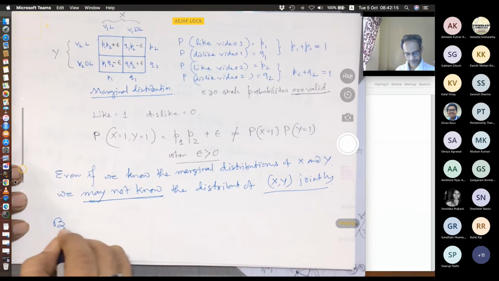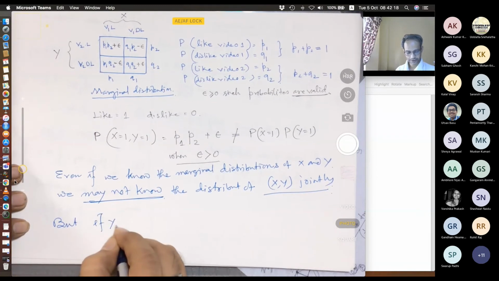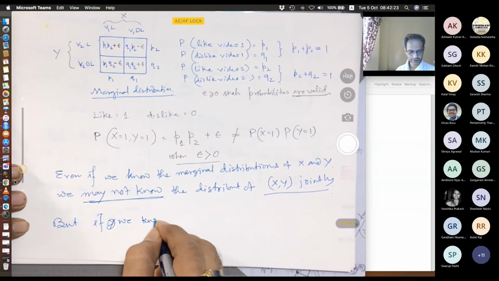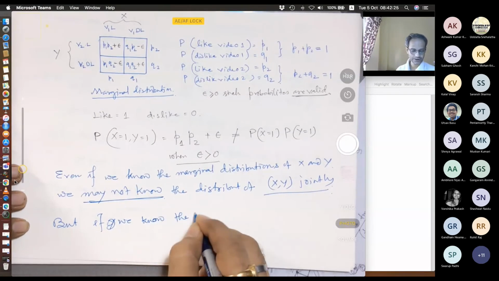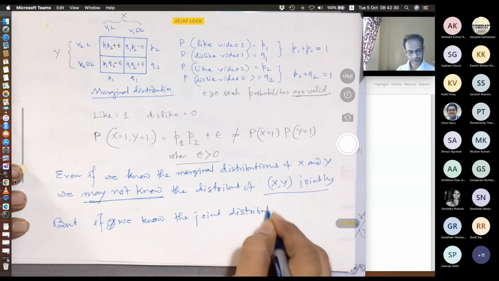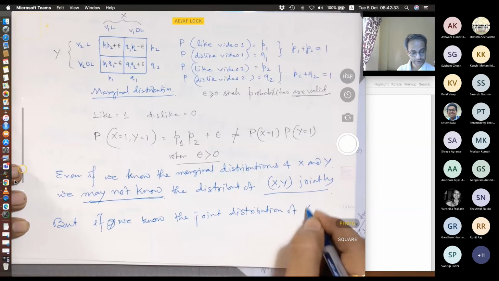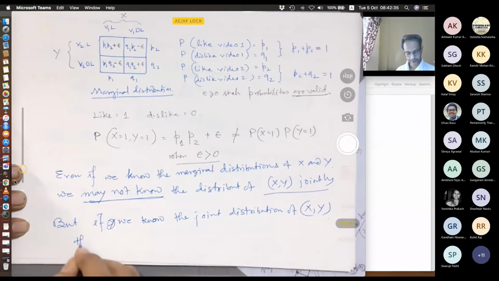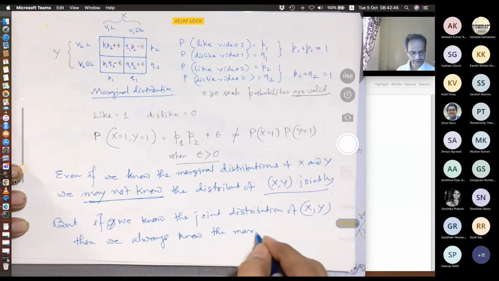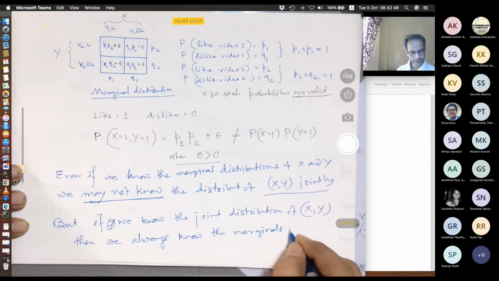But if we know the joint distribution of x, y, then we always know the marginals of x and y.